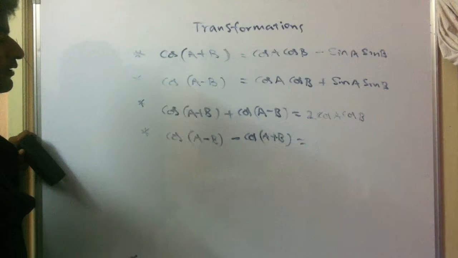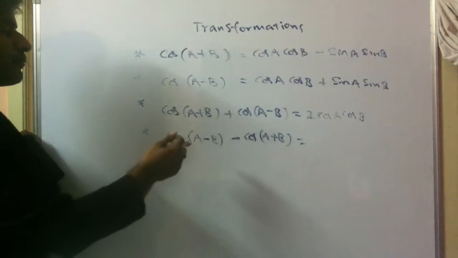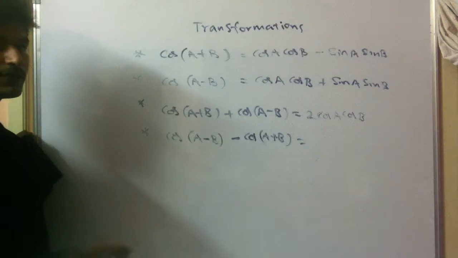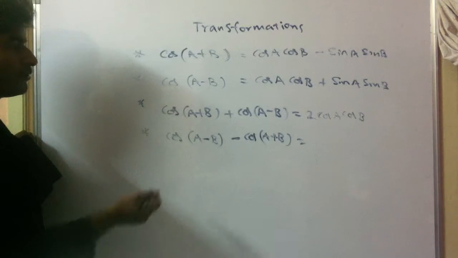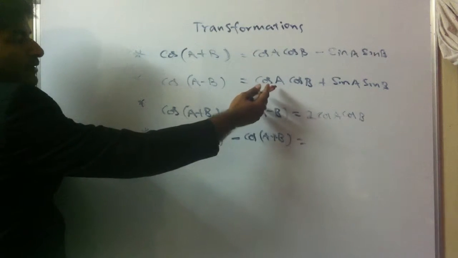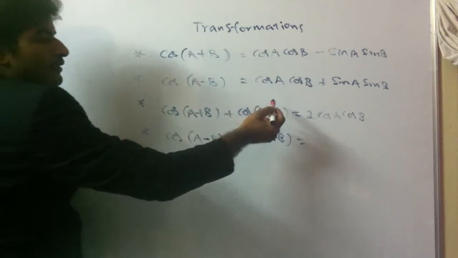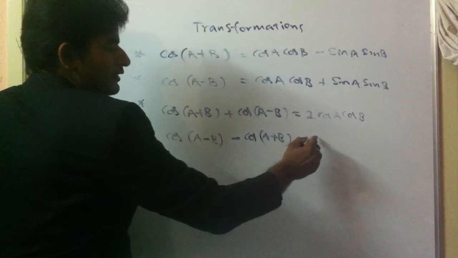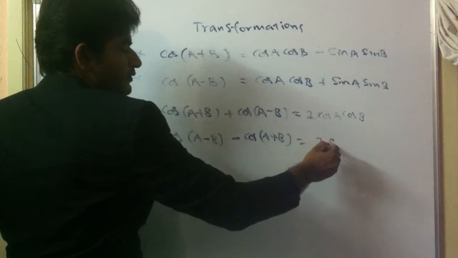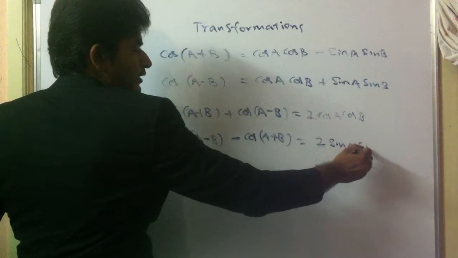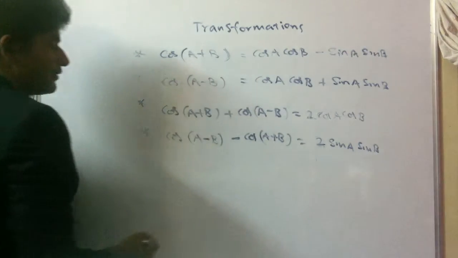So we subtract this quantity from that, signs change, and the result is 2 sin a sin b.